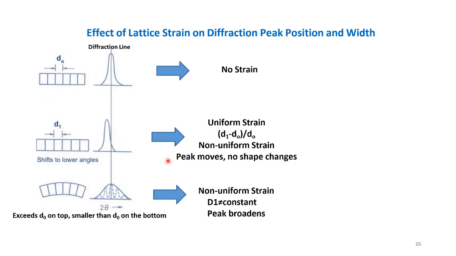However, if it is a uniform strain, suppose it is elongated in a particular direction, then the peak will not distort or broaden, but it will shift a little bit. So non-uniform strain broadens the peak, while in uniform strain the peak moves, with no shape change.